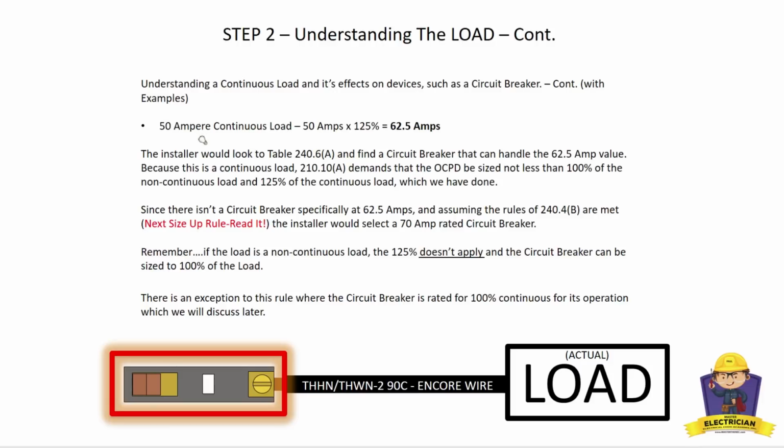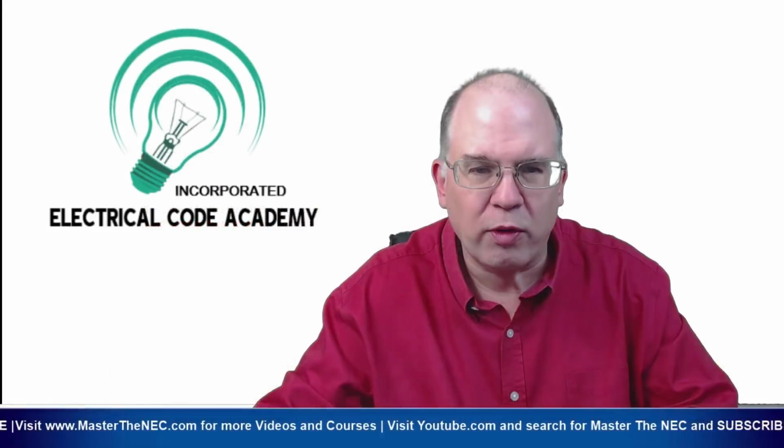Well, in our example, we only had continuous loads to deal with. We didn't have another non-continuous to add onto it. So we have to find a breaker. So since there isn't one that corresponds for 62.5 amps, and assuming we meet the rules of 240.4b, that's the next size up rule, the installer would select a 70 amp rated device. Now we can kind of look at that so you can see that there's no 62.5 rated device.